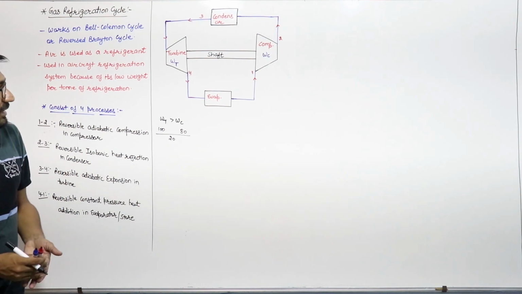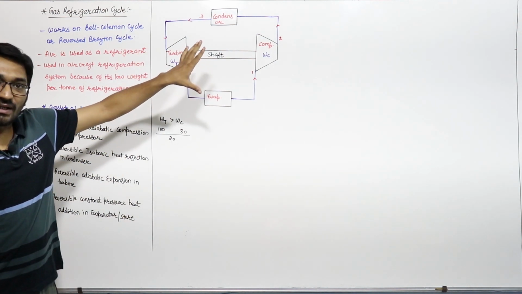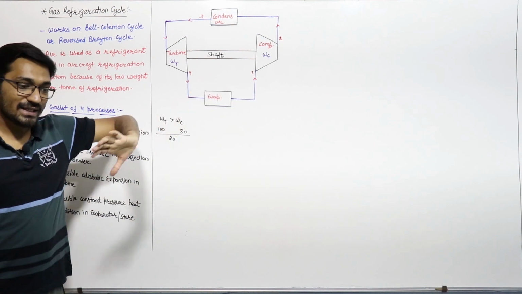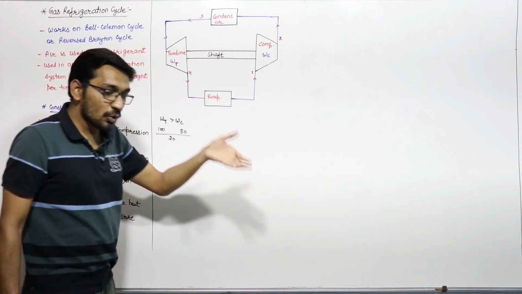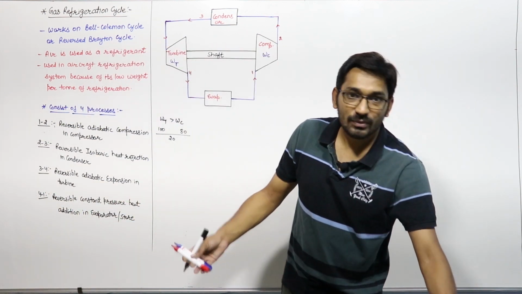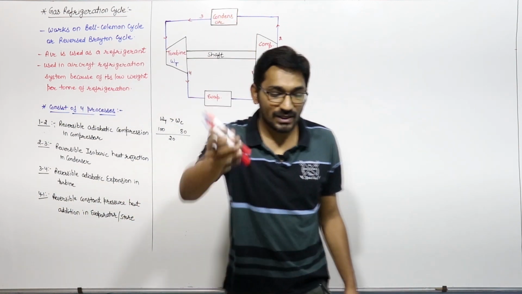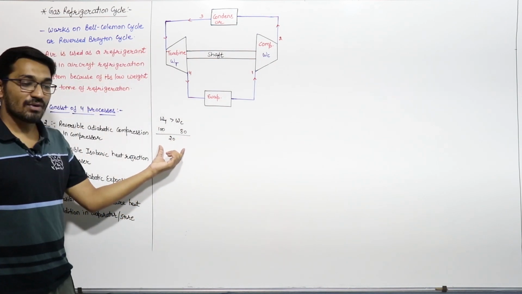So this cycle will give you the refrigeration effect, that means it will carry the heat from low temperature to higher temperature, and it will give you some net work also.